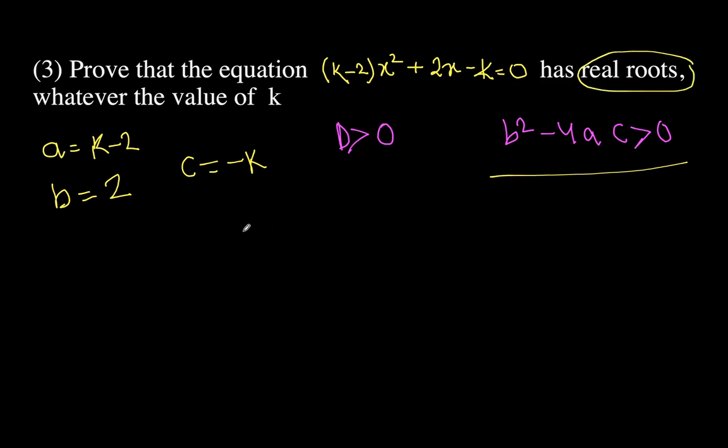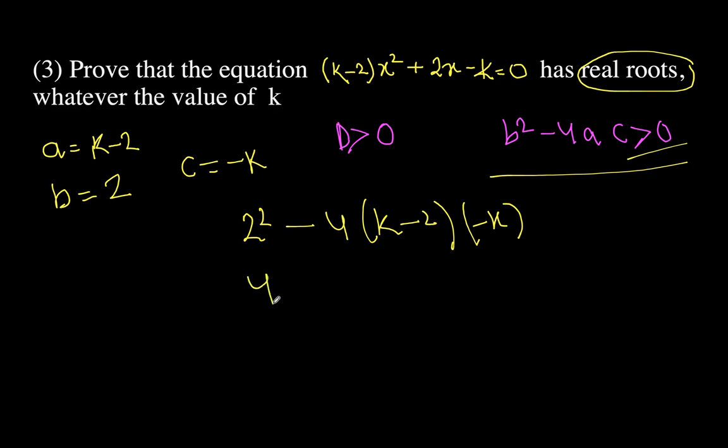Okay, so I will write b square, which is 2 square, minus 4, a is your k minus 2, and c is your minus k. I'm not writing this is greater than 0 because I have to prove that this has to be greater than 0. So this will become 4 minus 4, and let's solve whatever is inside the bracket.